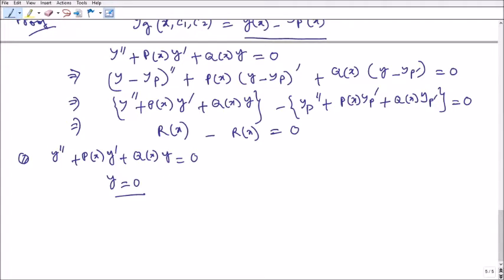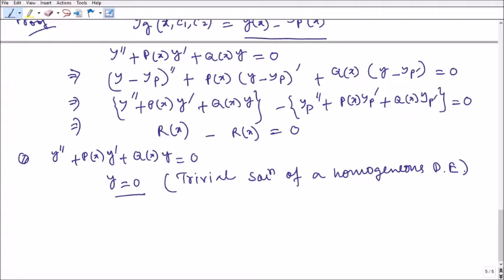So y equal to 0 is said to be the trivial solution every time of a homogeneous differential equation, either linear or non-linear, that doesn't matter, because if y equal to 0, then y dash and y double dash are both 0. So for any homogeneous differential equation, either linear or non-linear, y equal to 0 is the trivial solution, which is fixed.